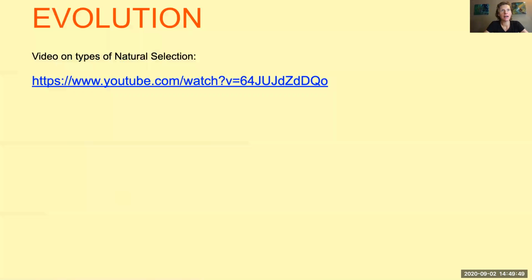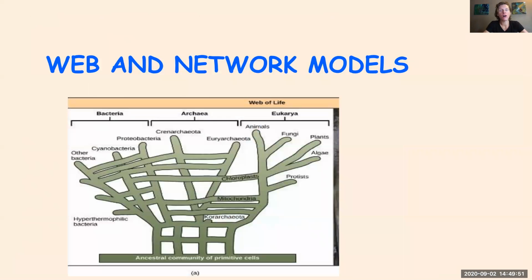Okay, and then the last couple of slides here are just on alternatives to the phylogenetic tree that we're used to. So we're used to seeing, okay, we have one common ancestor of life, everything originated from that one cell. And, you know, there are alternatives to that view.